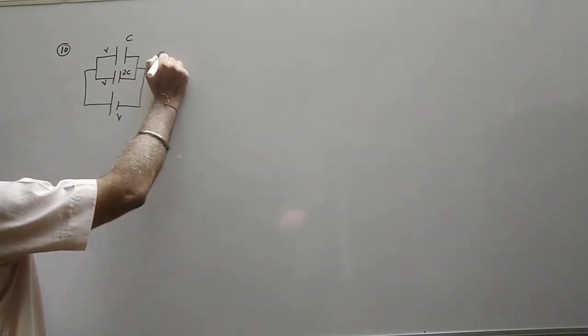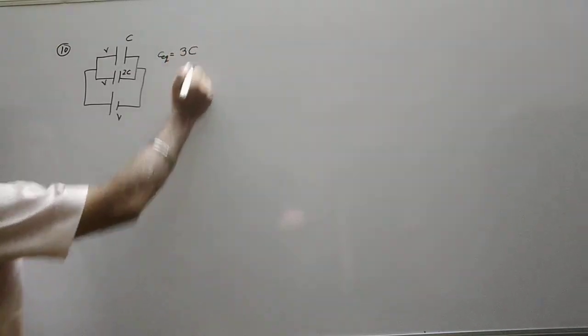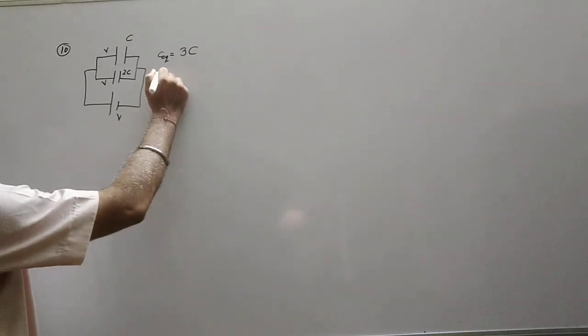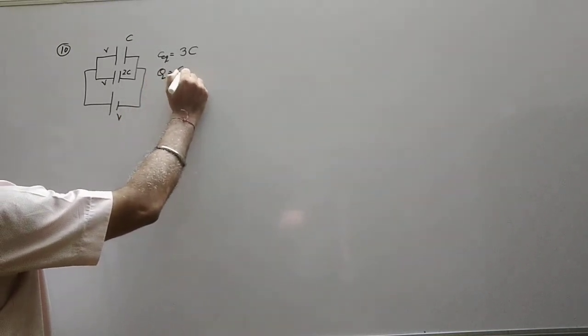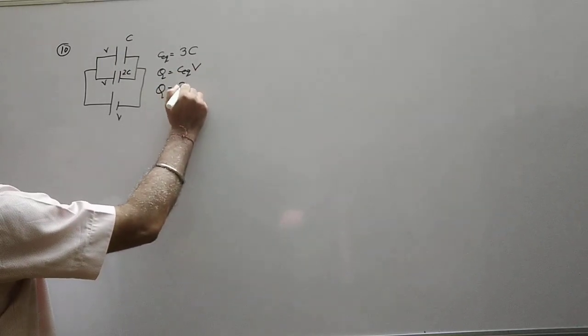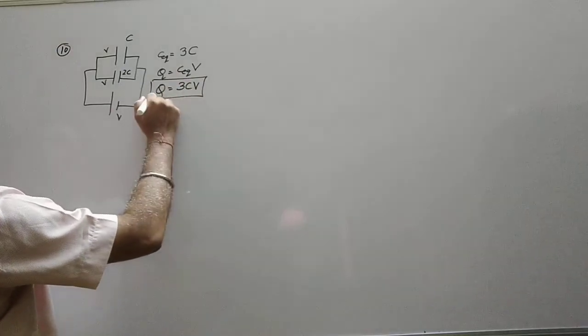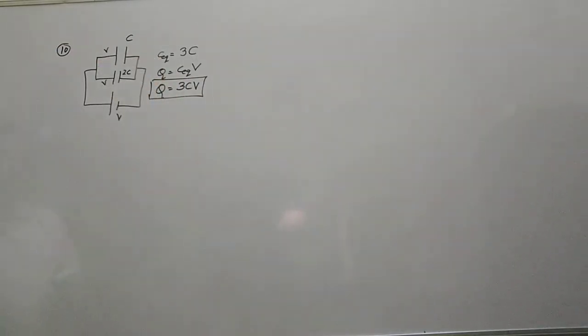Before that we find C equivalent. Both capacitors are in parallel, so the equivalent capacitance is 3C. Now Q is equal to C equivalent into V, so Q is equal to 3CV. This is the total charge of the system.